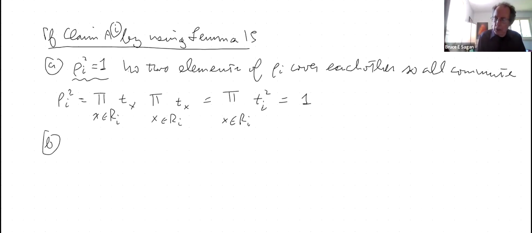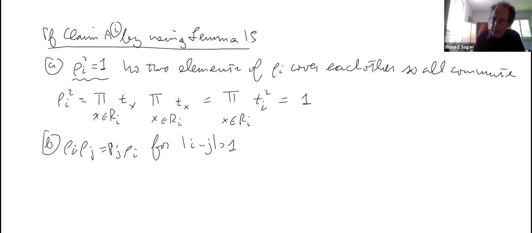What about the second one? Well, I need to show that rho_i rho_j equals rho_j rho_i, as long as they're far enough apart. Well, wait a minute.